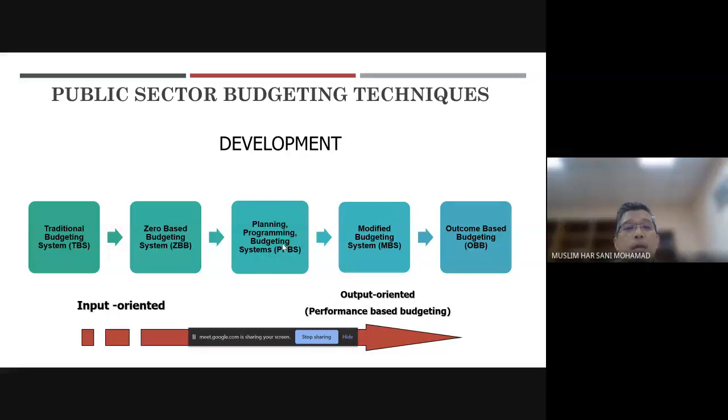If you look at the bottom there, the change is from input-oriented, with regard to traditional base, to program-based, then to performance-based budgeting or output or outcome-based budgeting, towards the current practice. So you can see this as development. All these methods basically complement each other, so improvements are taking place.